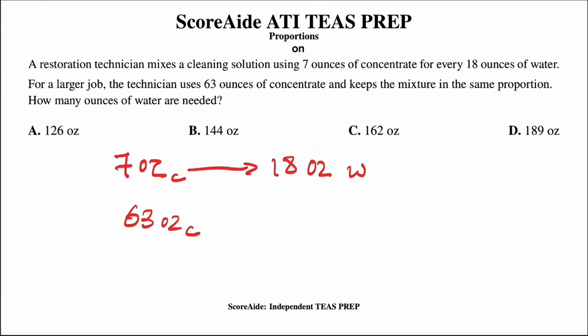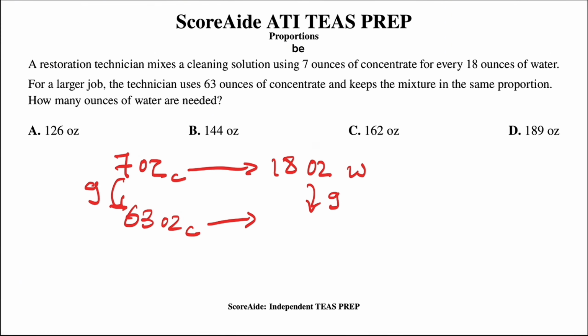Now, what is going on here? How did we get this mixture of 63 ounces of concentrate? Look at what happened to it. What happened to the mixture? You see that they made it 9 times bigger, right? Therefore, 7 times 9 is 63. So if they made it 9 times bigger, we also get 9 times bigger for the water, right?